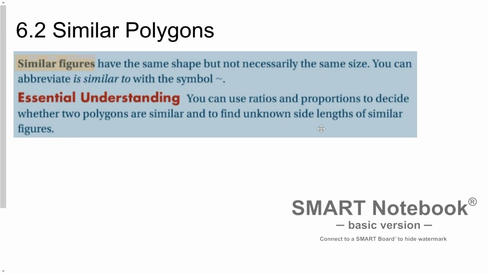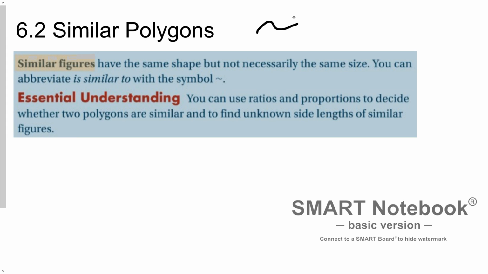2 of chapter 6 about similar polygons. So we're looking at similar figures, and that's identified by this symbol, the tilde, which is to the left of the 1. See it like that, but it means similar. Okay, so when you're looking at different shapes and comparing them, they might not be the same.